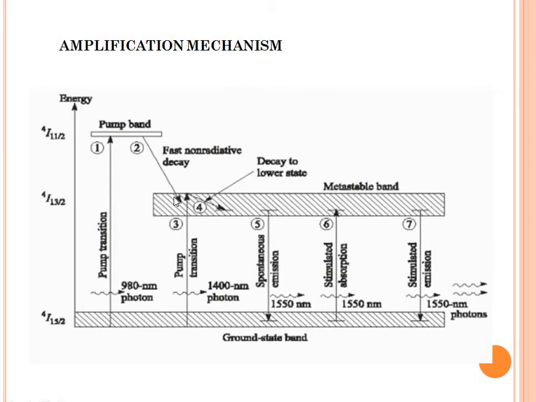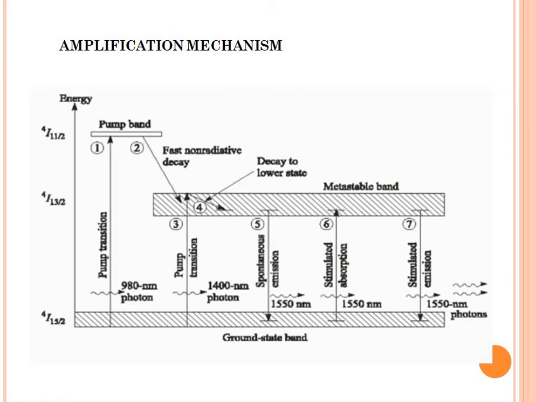Another possible pump wavelength is 1480 nanometer. The absorption of a 1480 nanometer pump photon excites an electron from the ground state directly to the lightly populated top of the metastable level.